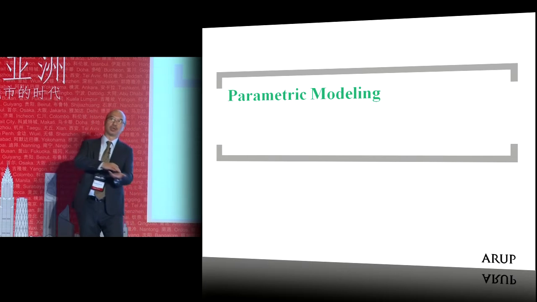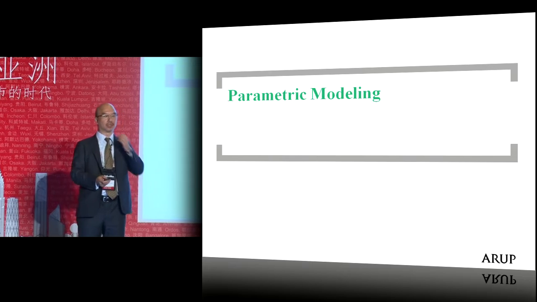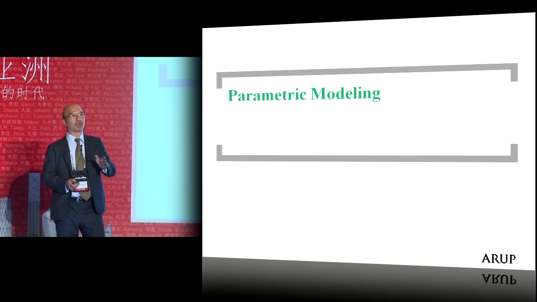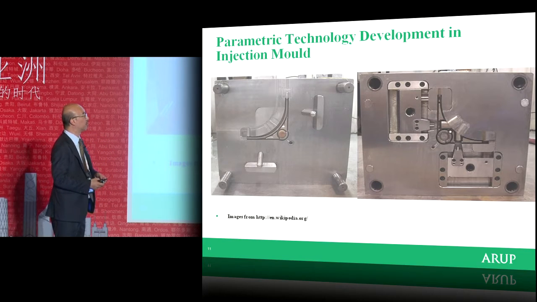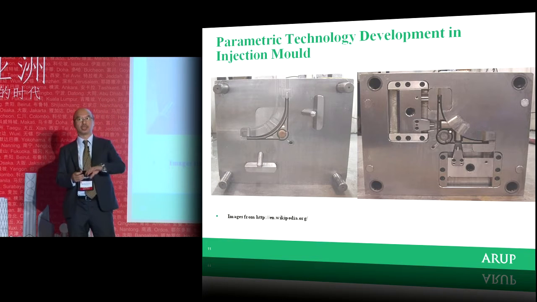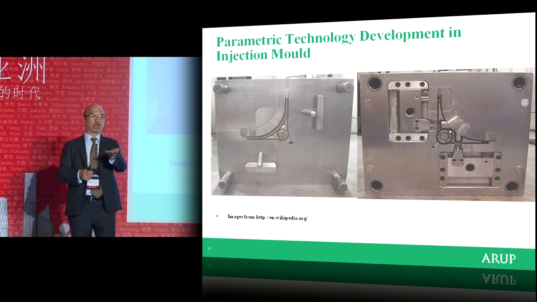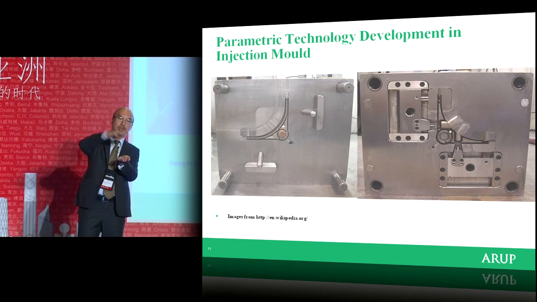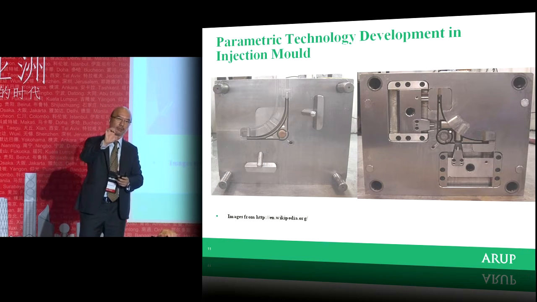And then we go back to my early development in parametric modeling. Parametric modeling started probably in the late 80s. It was first applied most commonly in injection mold. What is it? It is plastic injection mold. We have a die A and a die B, or sometimes we call it a punch or whatever. And then we have the plastic inside.